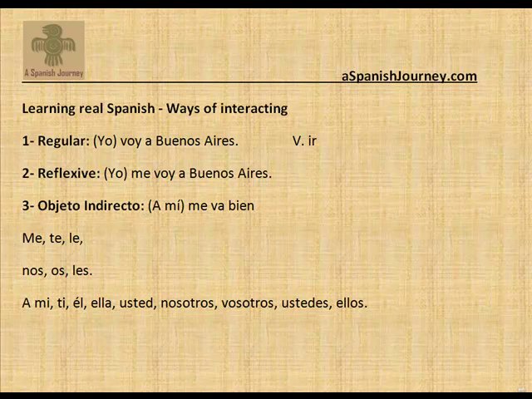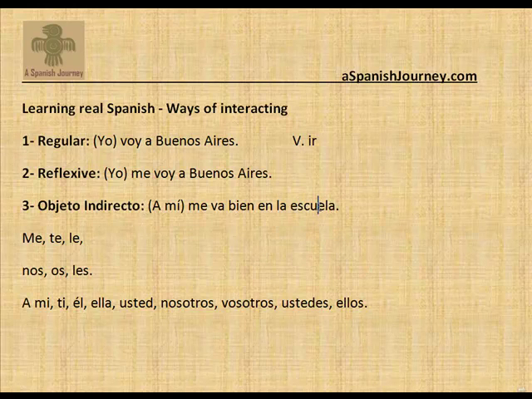va bien en la escuela. A mí me va bien en la escuela. This actually means "to me goes well in the school." So what I'm doing here is conjugating the verb according to school, because la escuela is the subject of the verb.